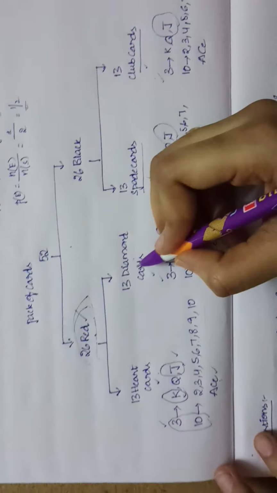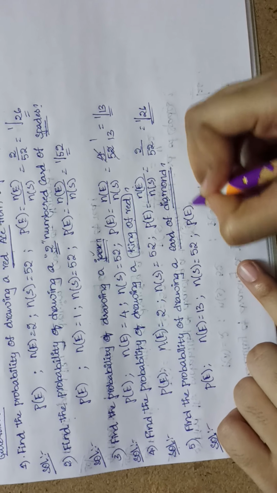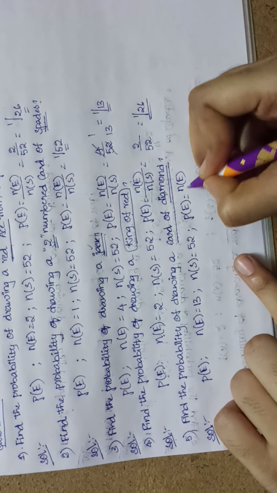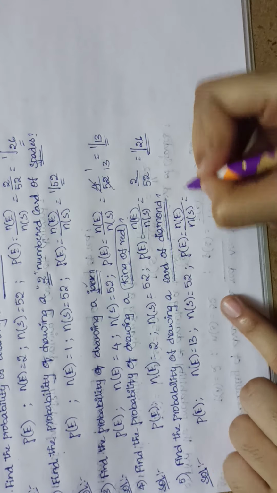Total 52 cards are present in a deck. So the total probability is n(E) by n(S), that is 13 by 52. What do we get? 1 by 4. In this way we have to solve the problems.